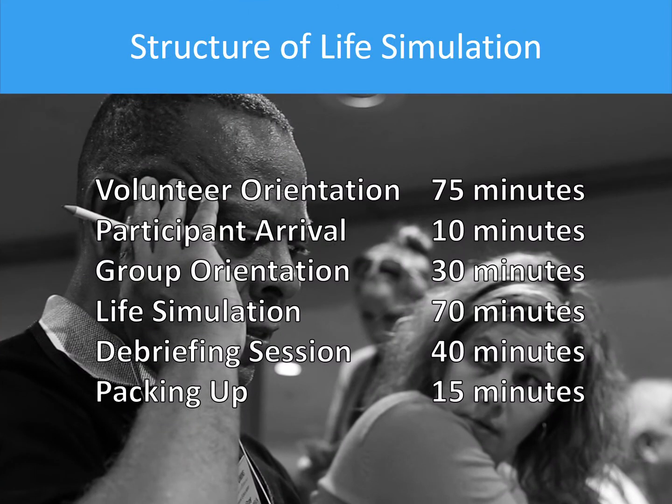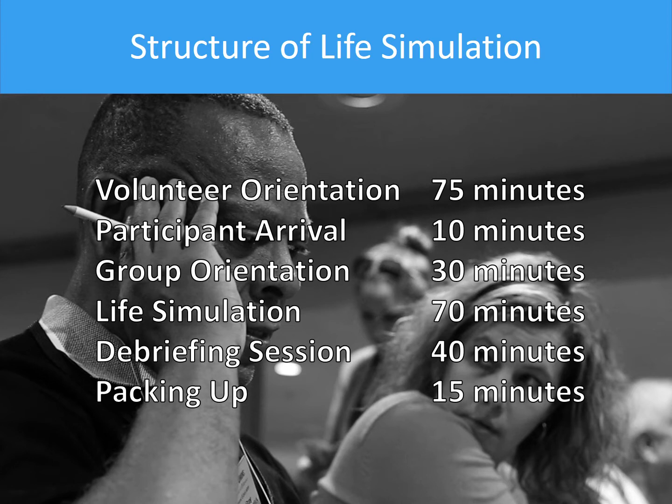The life simulation is a 4-hour program which includes the volunteer orientation and the life simulation itself. You should plan to arrive 75 minutes before the live simulation is due to commence so that you can participate in the volunteer orientation.